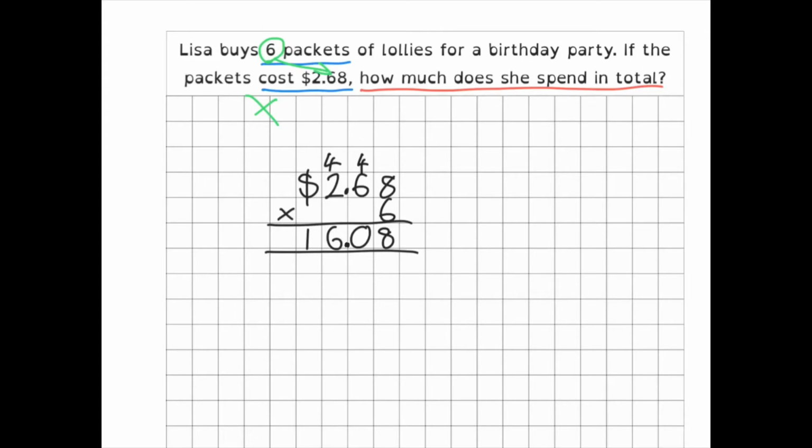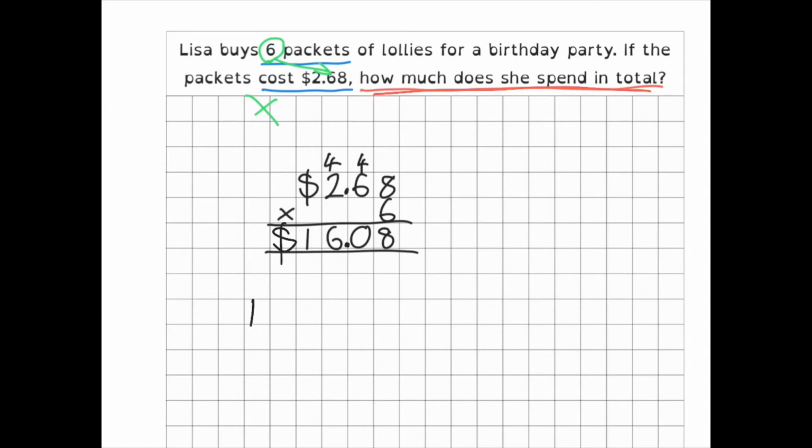And because I was finding out, going back to my question at the beginning, how much does she spend in total, I need to actually answer that question properly. She spends $16.08. So I need to have that dollar sign. And bonus points for problem solving is writing a sentence down the bottom.